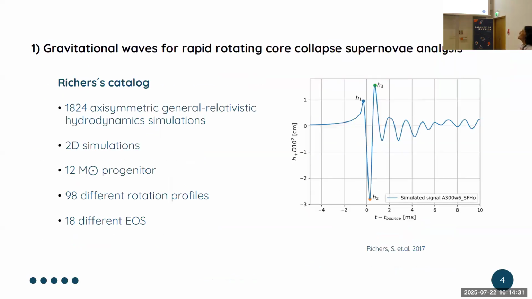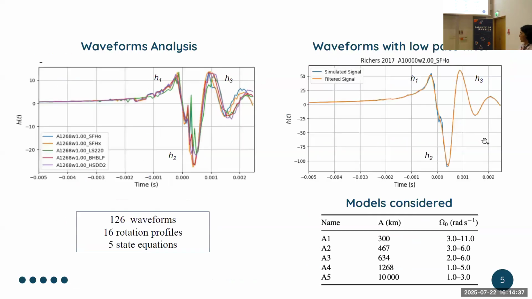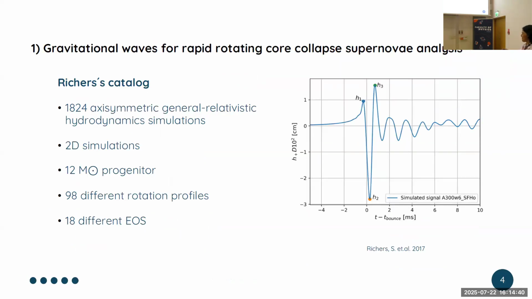Okay, so the catalog that we take, as I mentioned before, is the research catalog, which has about 2,000 simulations. They are in these dimensions: about 12 solar mass, 100 different profiles of rotation, and 18 equation of state models.